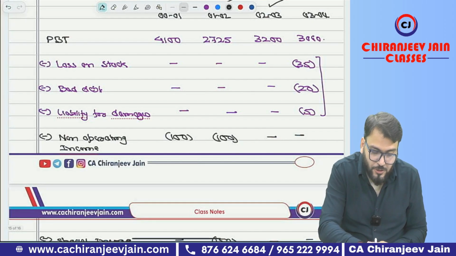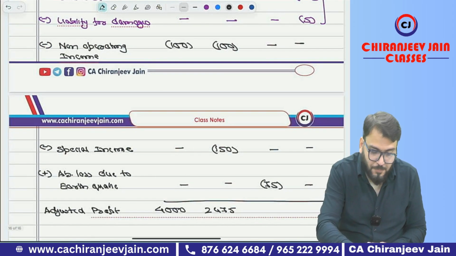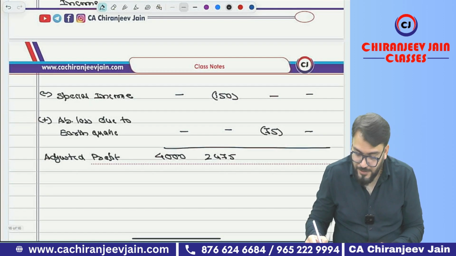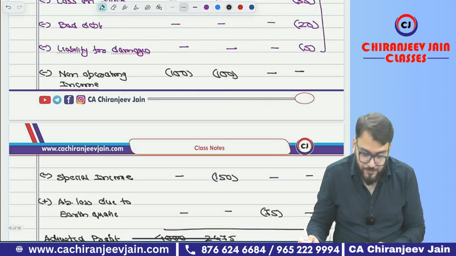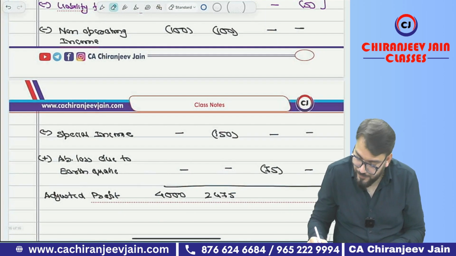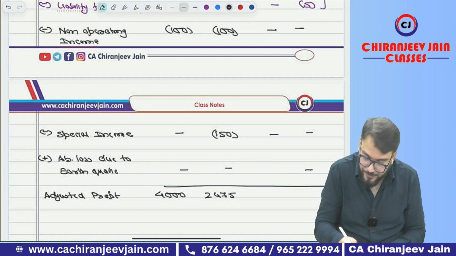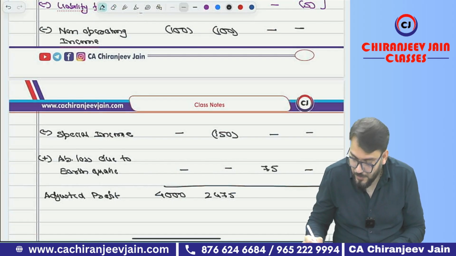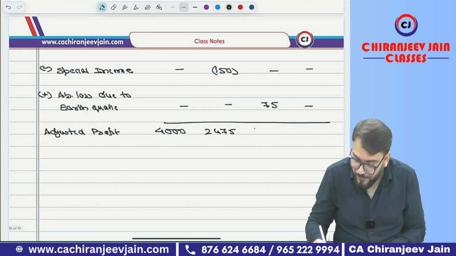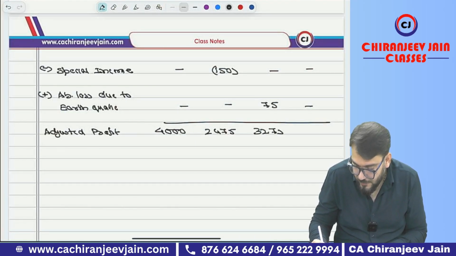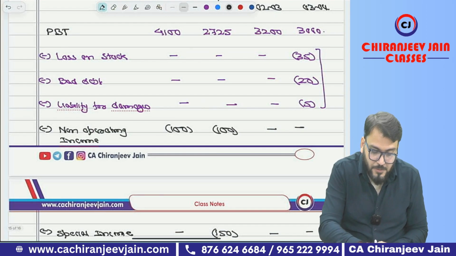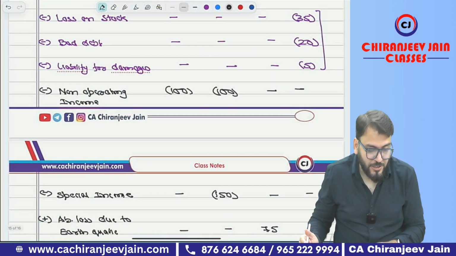Then 3,200 minus 75. It was plus, so 3275. Then 3060 minus 35 minus 20 minus 5, it is 3,000.